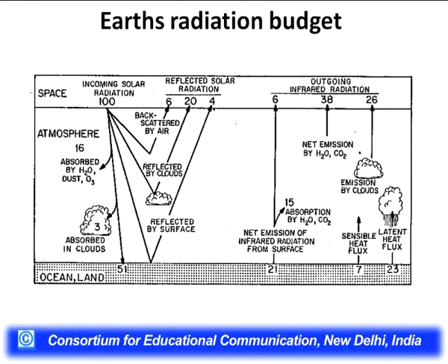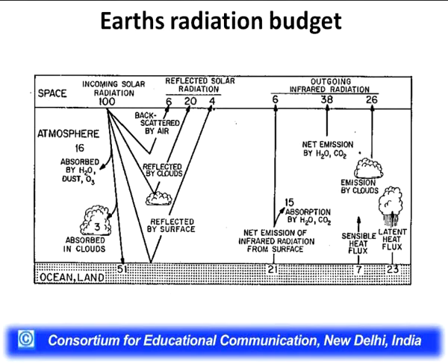So, the left 6% is going towards space, and some heat is being emitted by the atmosphere, and finally that net emission by H2O and CO2 is 38%, and 26% emission is there by clouds, which originally took around 23% as latent heat, and 77% is the sensible heat.